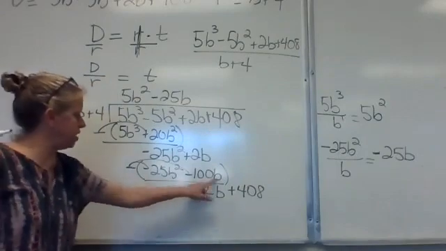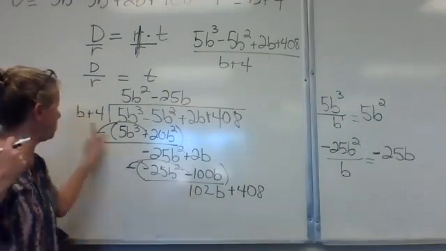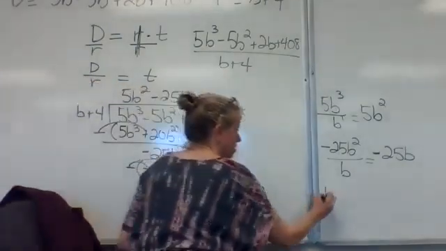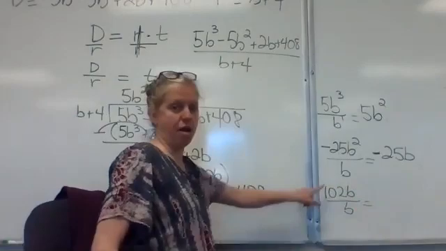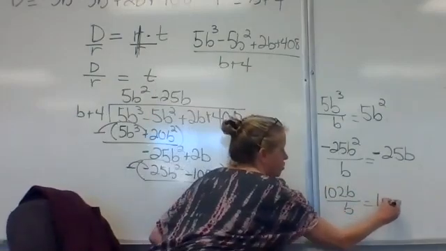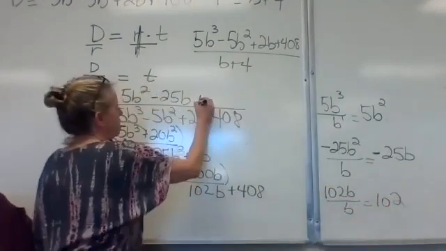And for the last time, put this one, 102b over b. So my b's will cancel. I'm just left with 102, positive 102.